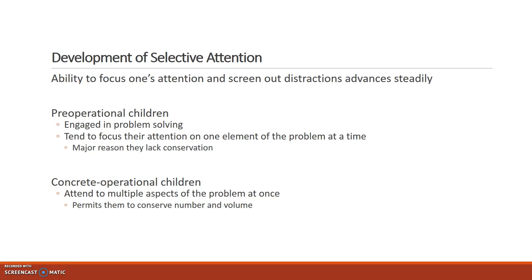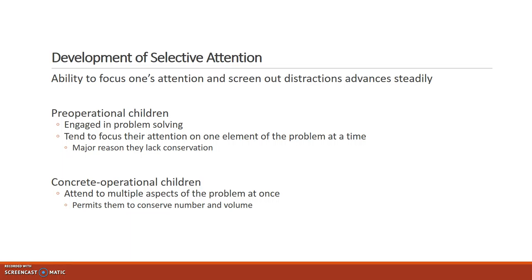And this is because they lack that ability, that conservation, where you can focus on two dimensions of a problem at the same time. Concrete operational children, on the other hand, do have conservation. So they're able to look at multiple dimensions of a problem at one time.